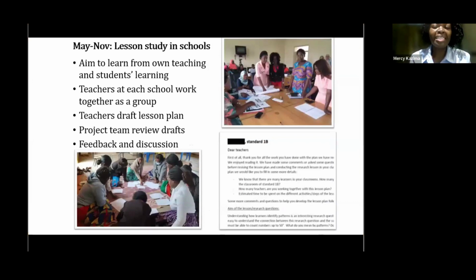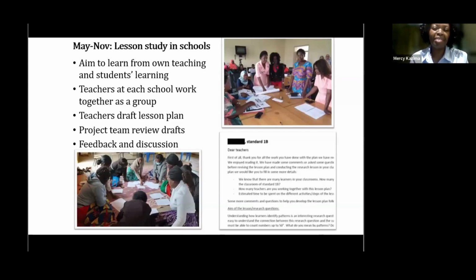Now a bit about lesson study. Our aim was that the teachers should learn from their own teaching and from their own students' learning. So at each school, we had the teachers working together as a group, and they would plan a lesson that they would study from the mathematical content that we did in the first workshop.